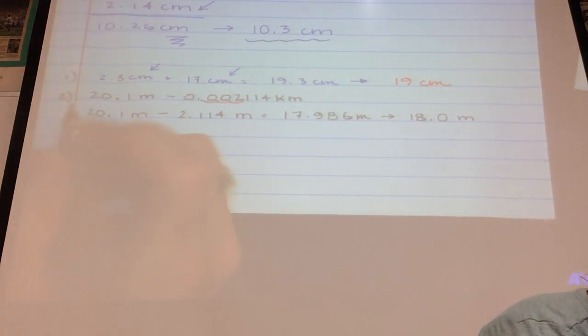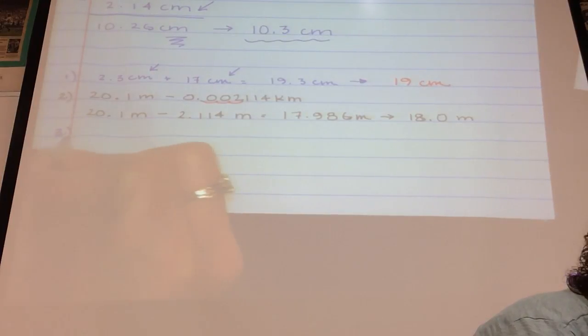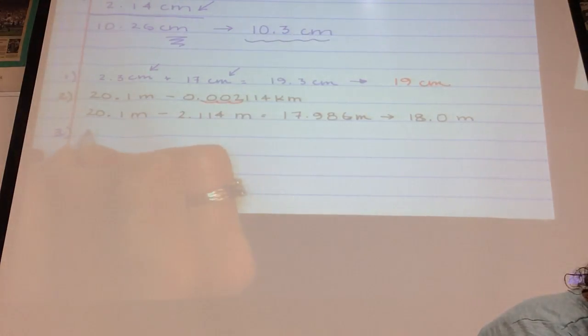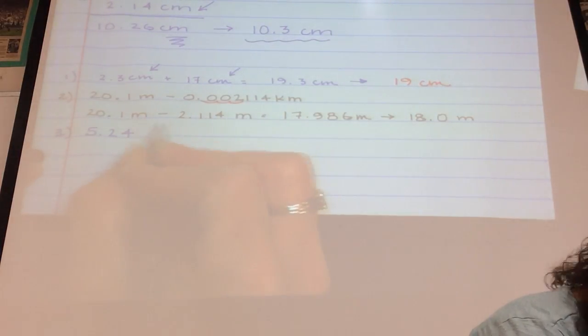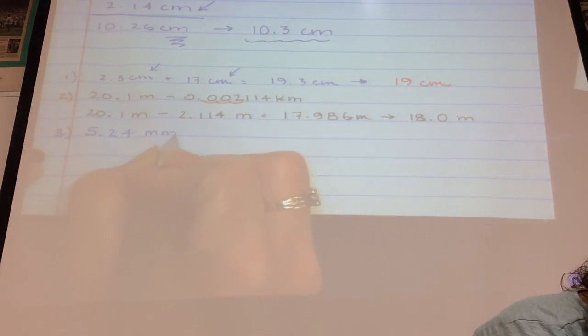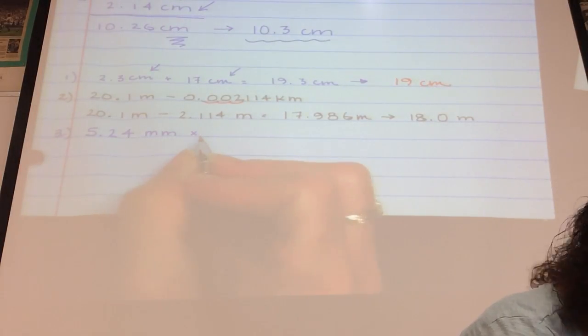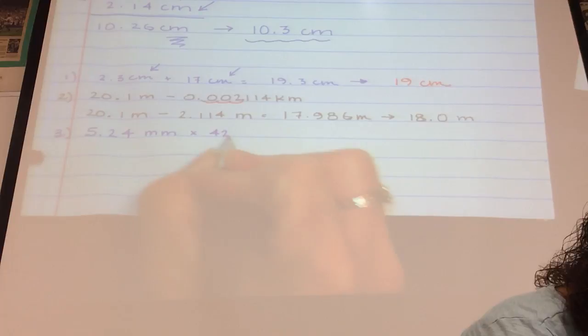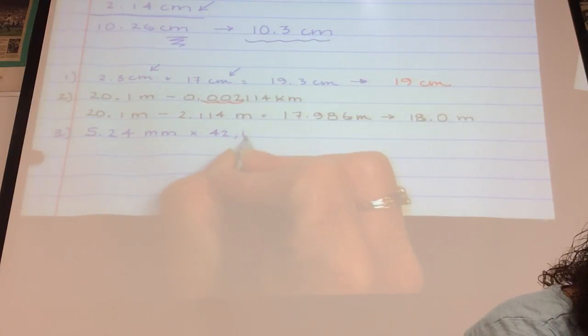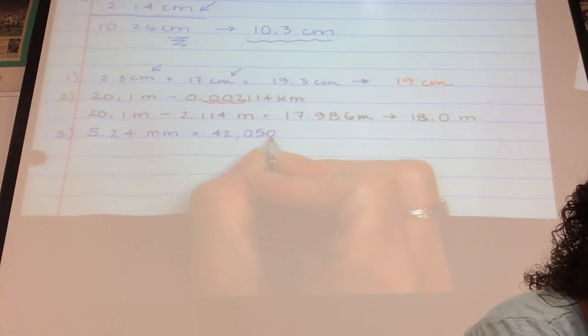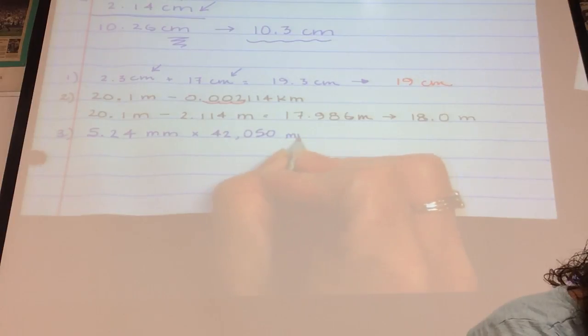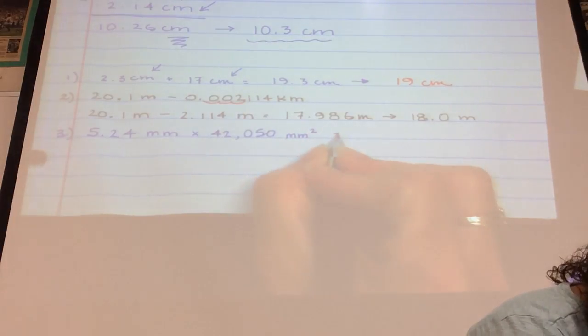Let's look at 3. We've got 5.24 millimeters, and we're going to multiply that by 42,150 millimeters squared.